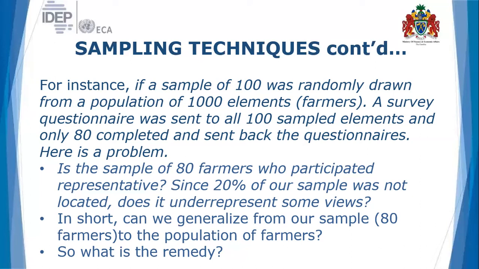That seems very simple and easy to do, but the implications can be serious. Are the new 20 farmers that have been taken to replace those 20 who were not located the same? They could be different farmers, and that itself can introduce bias into the sample.